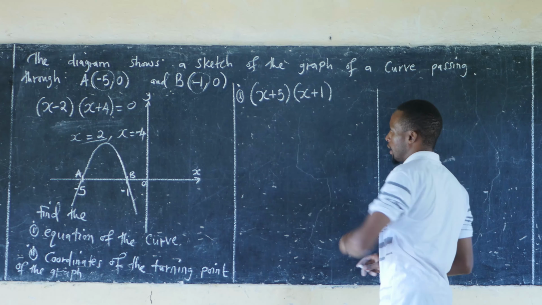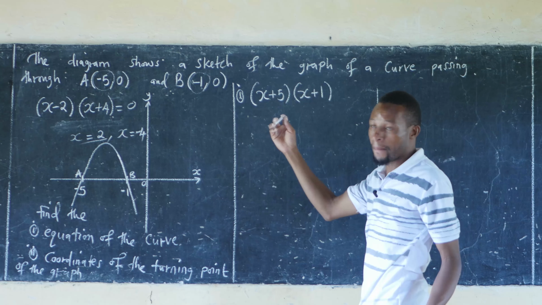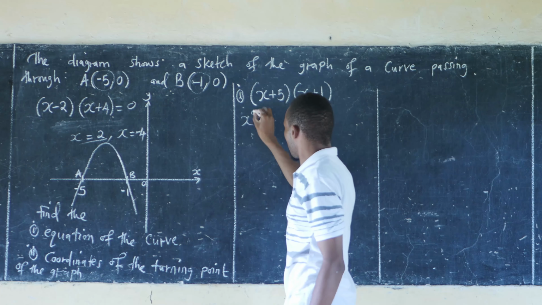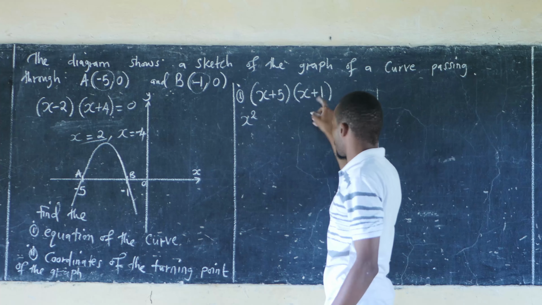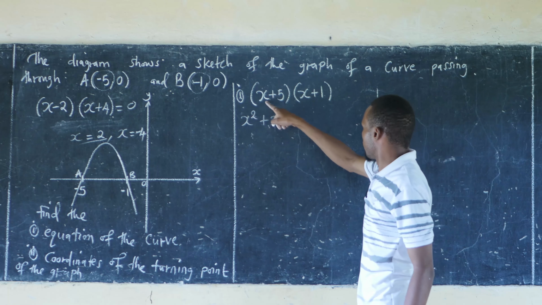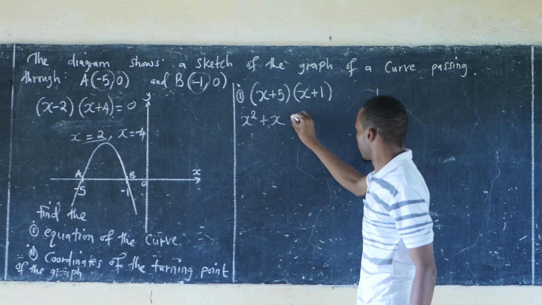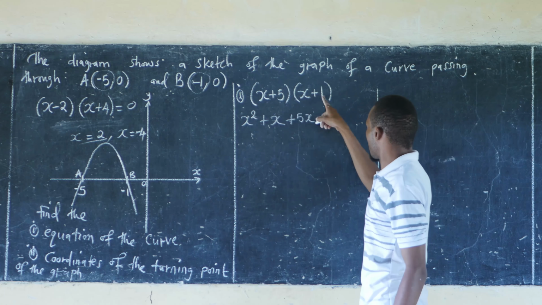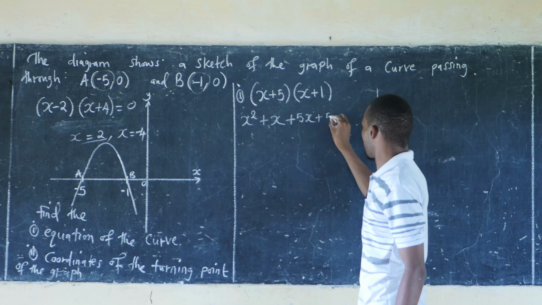From here we can expand it. x times x is x squared, x times 1 is x, 5 times x is plus 5x, and 5 times 1 is plus 5.